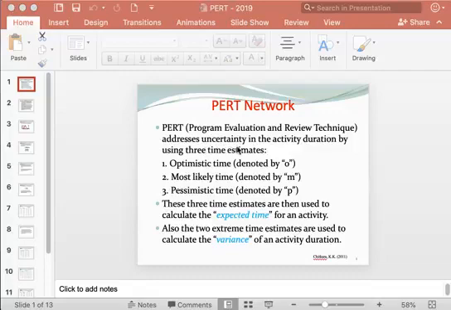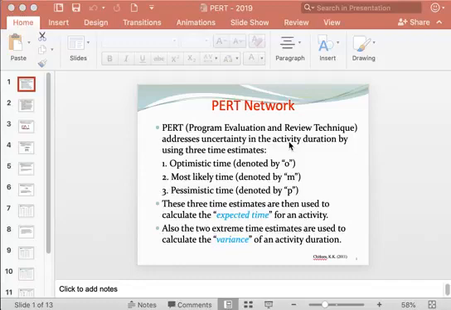So the difference between CPM and PERT is only in the estimation of activity durations. In case of CPM, activity durations are deterministic in nature, and in case of PERT, activity durations are probabilistic in nature.